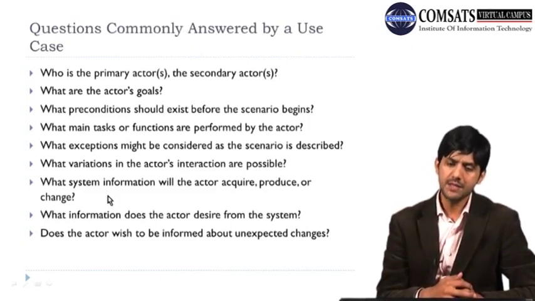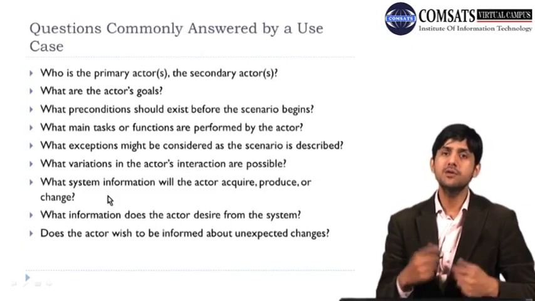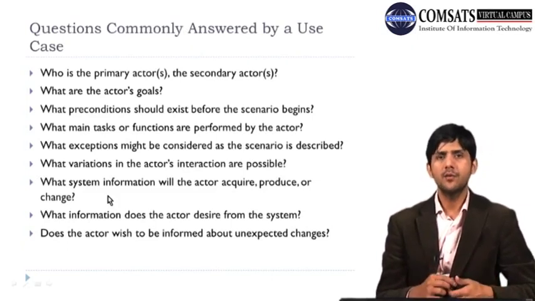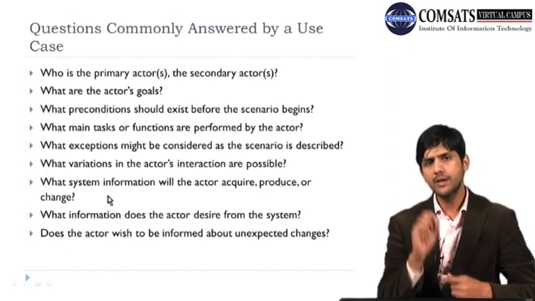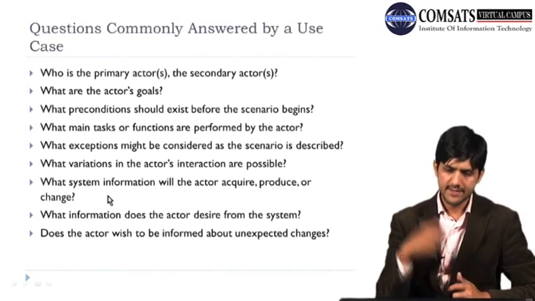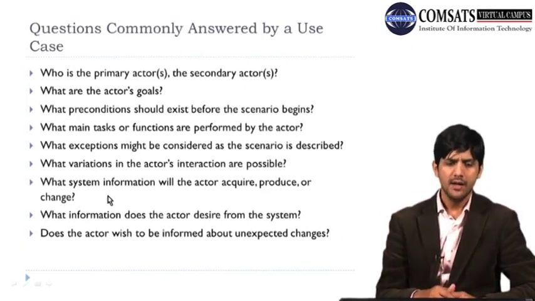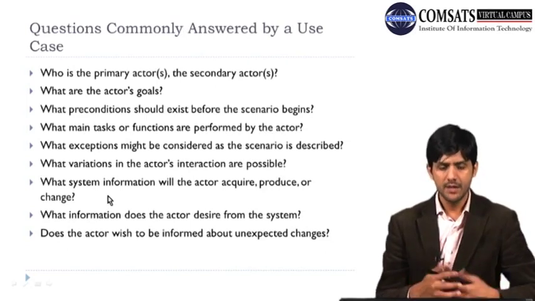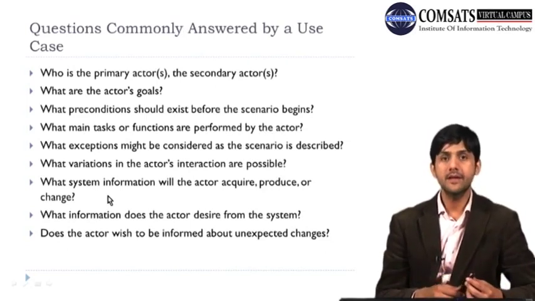What main tasks or functions are performed by the actor? A use case also helps in identifying what kind of functions an actor would perform in order to achieve his goal. Then, what exceptions might be considered as the scenario is described, and what variations in the actor interaction are possible?